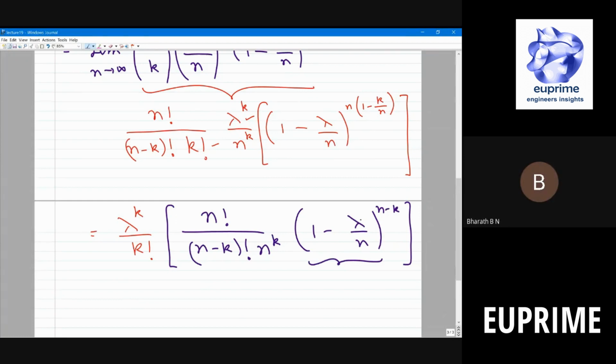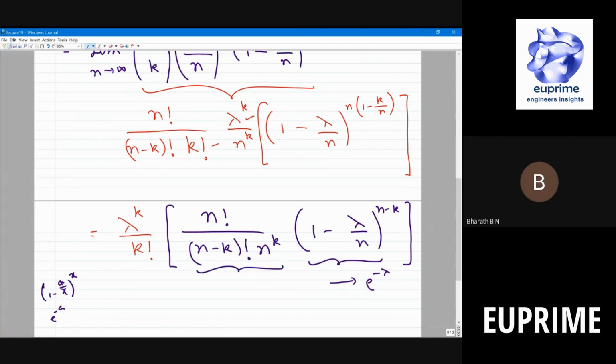This is of the form (1 minus 1 by x) whole power x. If you take x going to infinity, this goes to e to the power minus a, so e to the power minus lambda. Now we have e to the power minus lambda times lambda power k over k factorial into this.